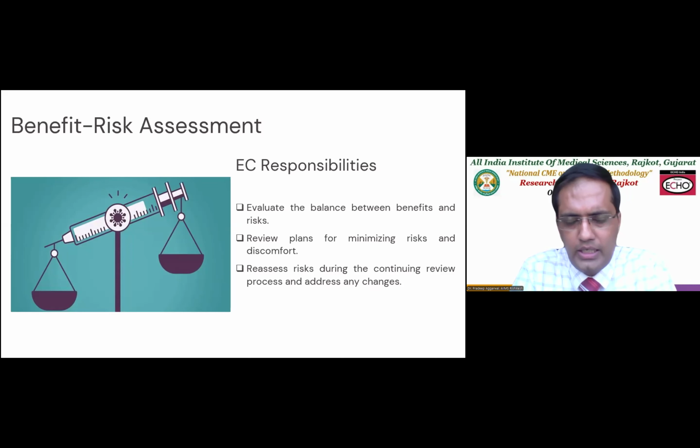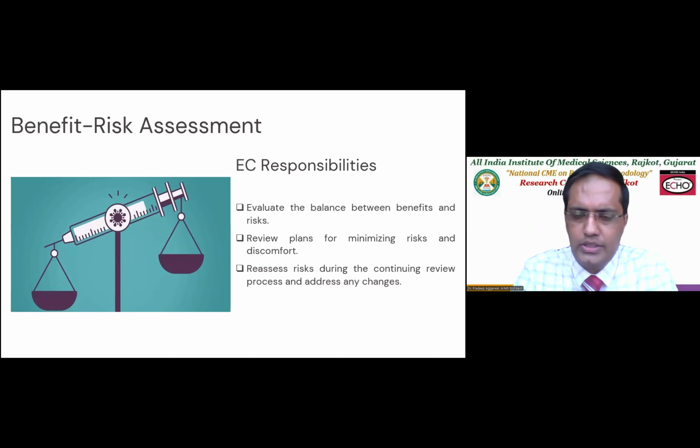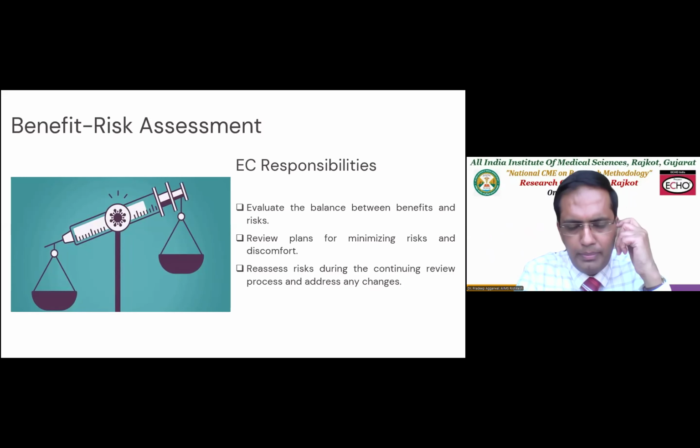With every ethical approval, you will see they are going to write that every 6 months, a researcher should ensure submitting a brief report of the work done in the last 6 months so that they have a track record regarding the risk which is being exposed to the participants. So please do submit to the ethical committee every 6 months your review report of the ongoing research projects.